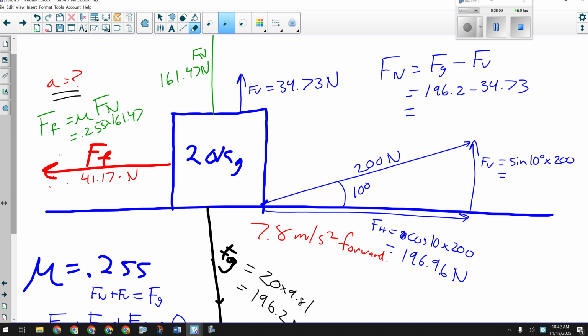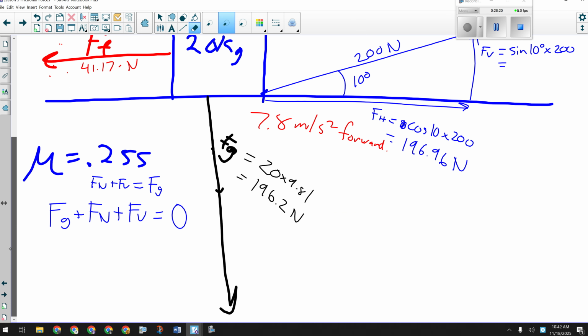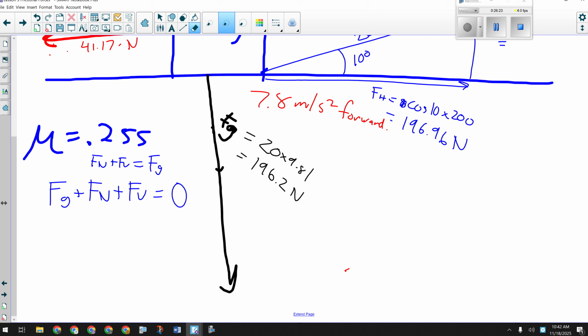So this question is like the mother of all Newton's second law, sum of all forces kind of questions. If we'd actually drawn a vector diagram of this situation, we would have had our 200 newtons, and then gravity, 196.2, and then normal force, and then force vertical, and those cancel each other out, and then I would have had force of friction backwards, and it would have been a real mess to do all of this.